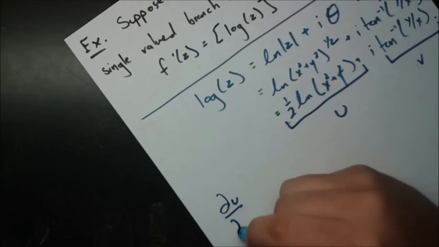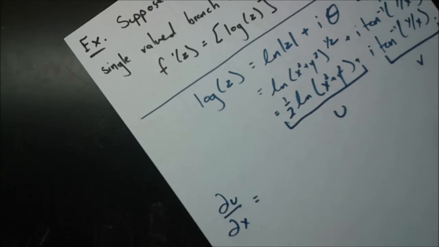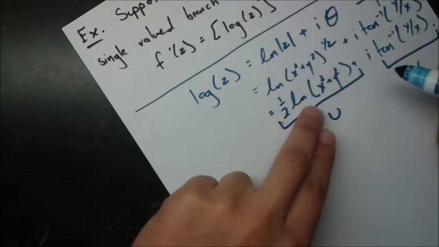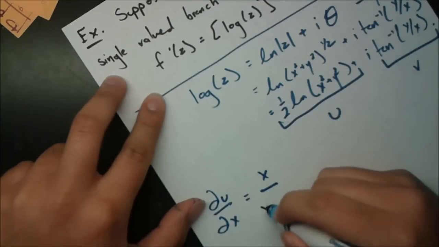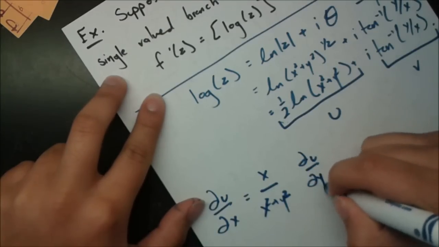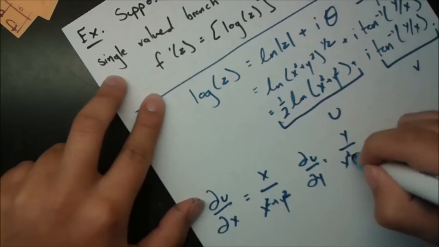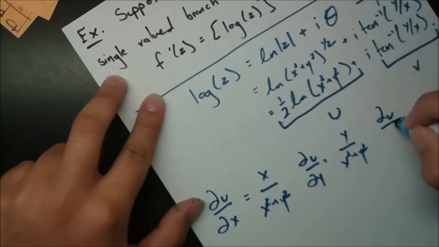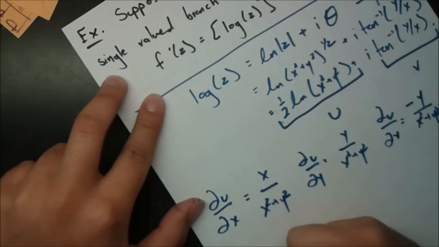So du dx is going to be x over x squared plus y squared, and du dy equals y over x squared plus y squared. dv dx equals negative y over x squared plus y squared, and dv dy is equal to x over x squared plus y squared.